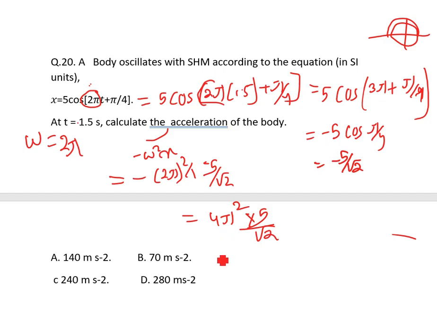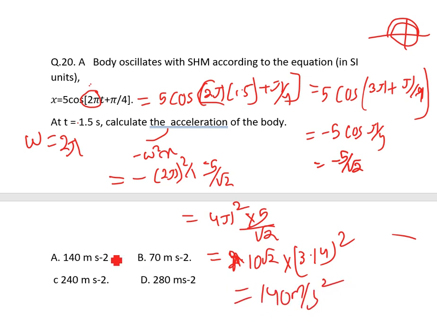If I calculate its value, it becomes 10 root 2 into π², meaning 3.14 squared. Then putting the values of π, and root 2 is 1.414, if you calculate, you will get the answer 140 meters per second squared, which is option A.